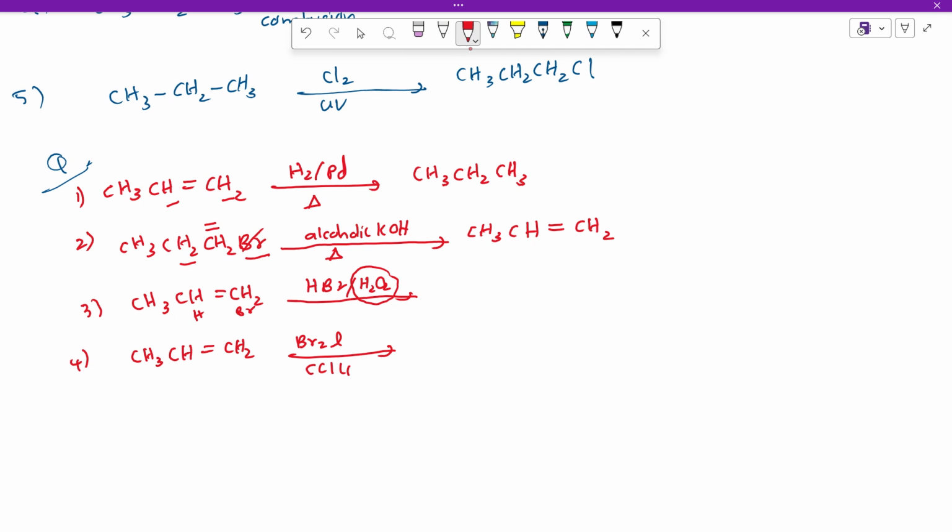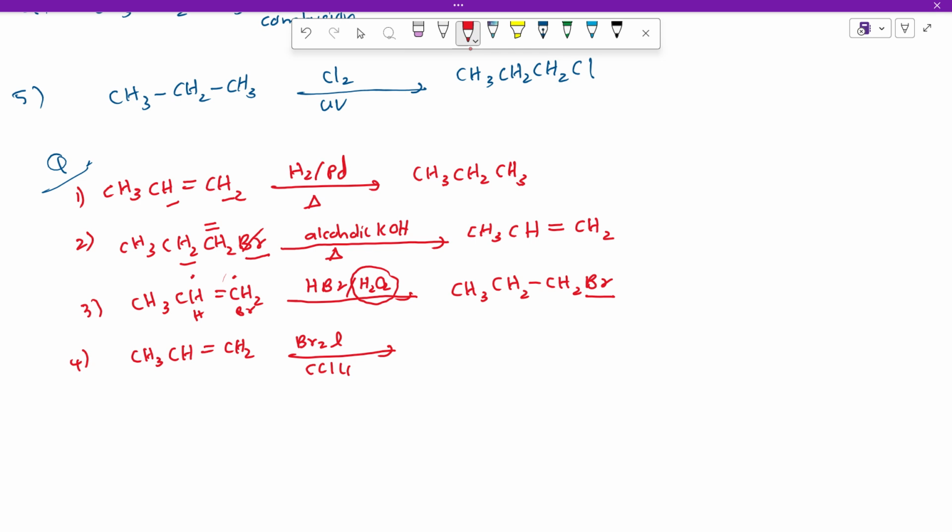So you can't add Br to this particular place. Only to here the Br can be added, that means to the end portion of the reactant. The final end result is CH3, CH2 and CH2 Br. This Br is at the end, that's quite fine because of the peroxide.